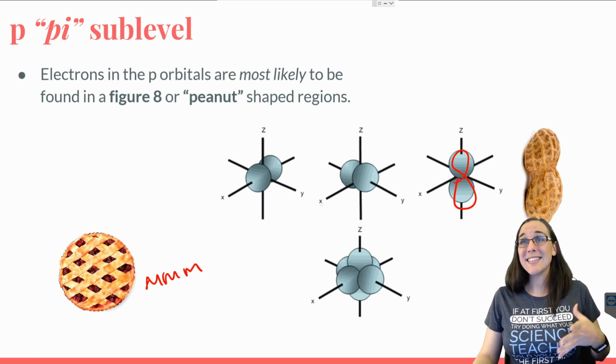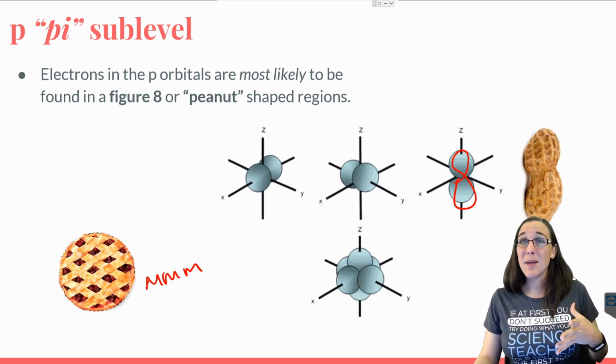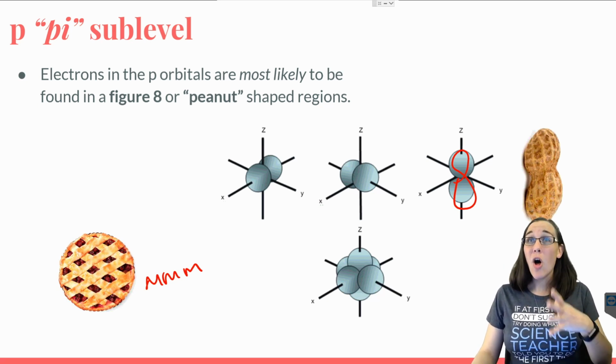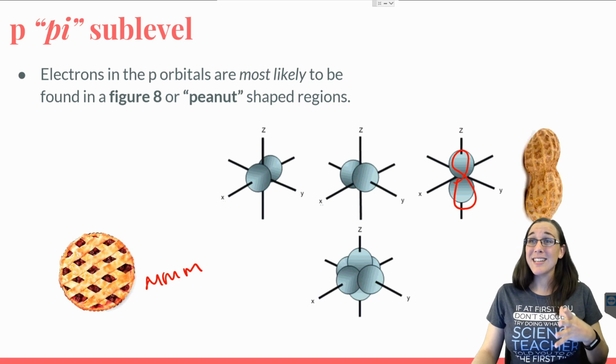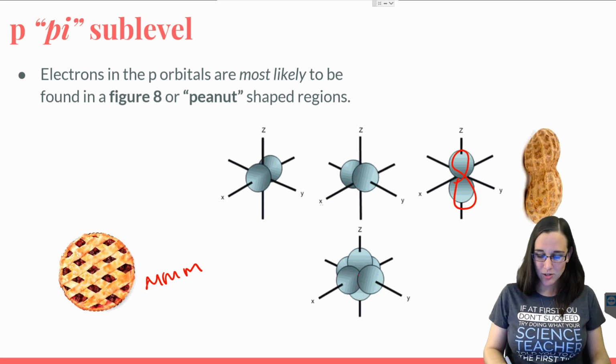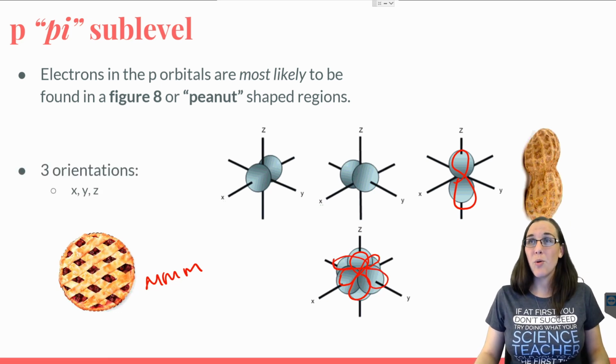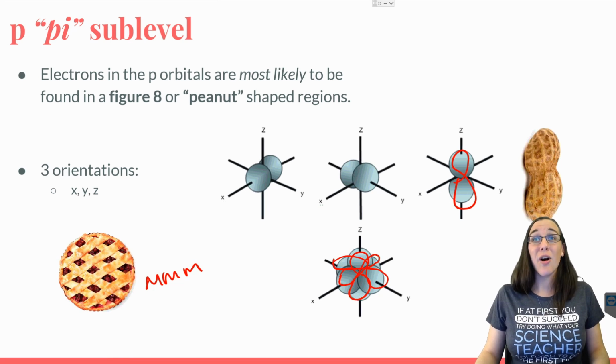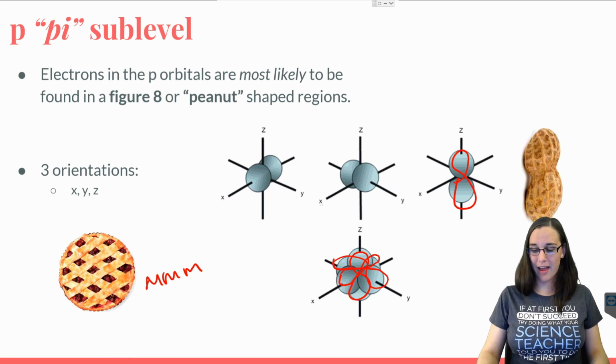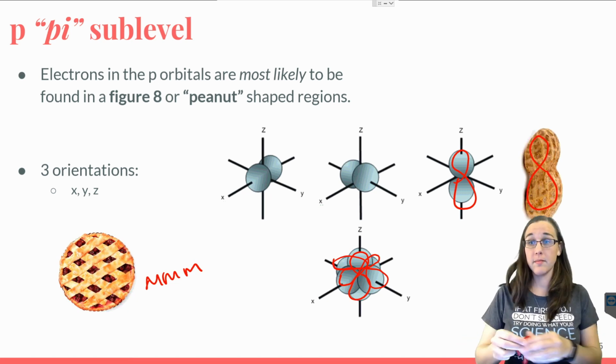That peanut shape can be along the x, y, z axis, all three. So the thing to keep in mind here is that there are actually 3 figure 8s on this p level. The 3 orientations that we're looking at are for x, y, and z in that peanut shape, or that figure 8 shape.